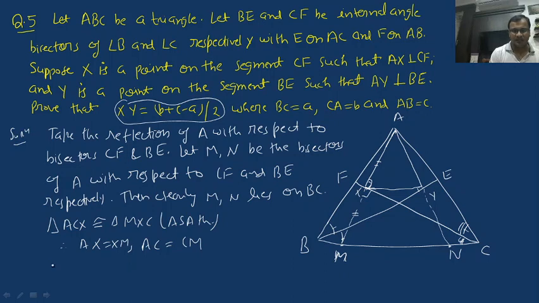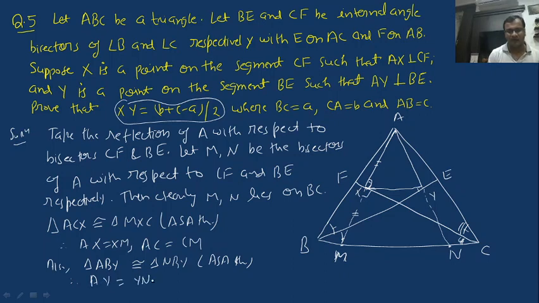We can say that triangle ABY is congruent to triangle NBY by the same argument, the angle side angle congruency theorem. Therefore, by CPCT, we can write AY equals YN, and also one more condition, the side length AB of the triangle is equal to BN. AB equals BN.